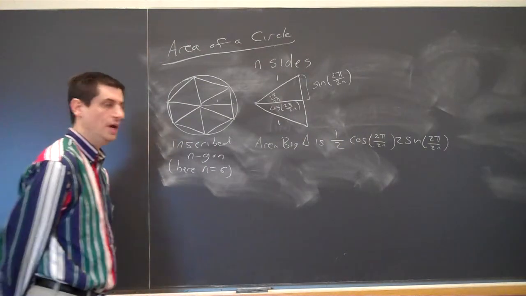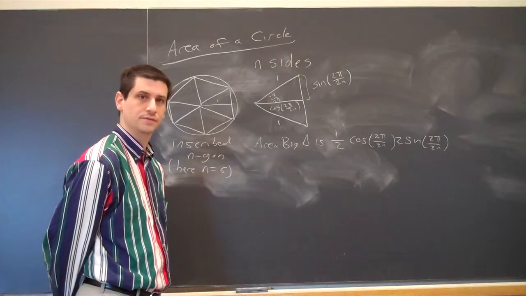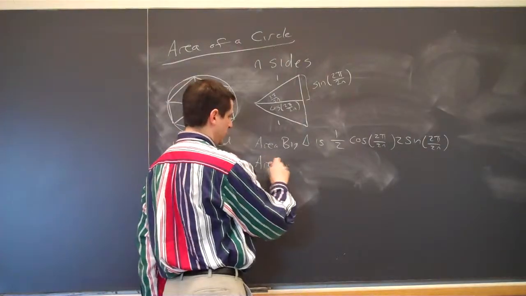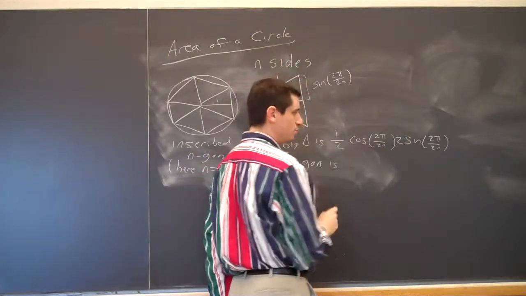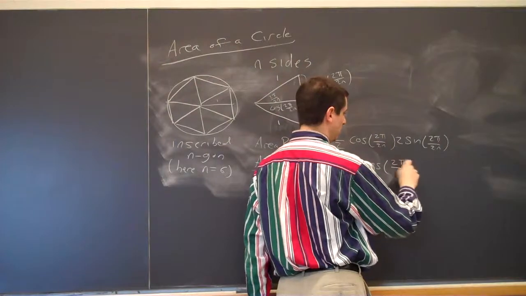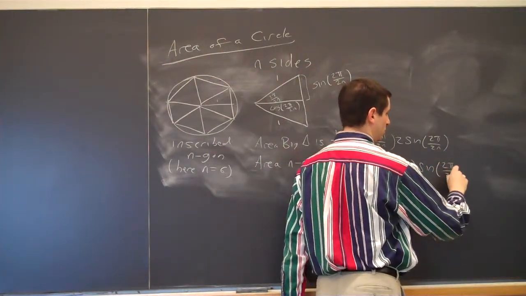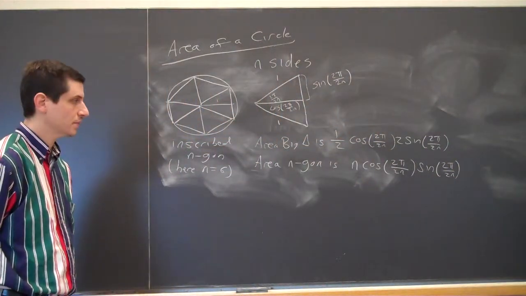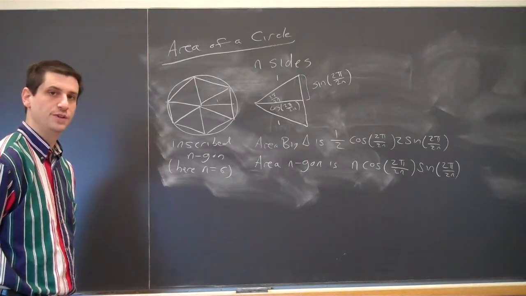And how many triangles do we have? n. So the area of the n-gon is, the 2 cancels with the 1/2, n cosine of 2 pi over 2n sine of 2 pi over 2n. And this is going to be a lower bound for the area of the circle.